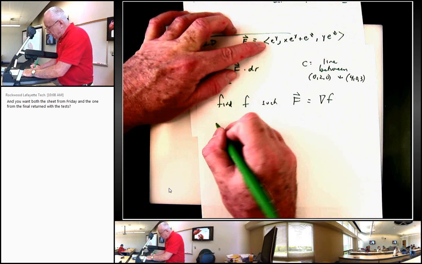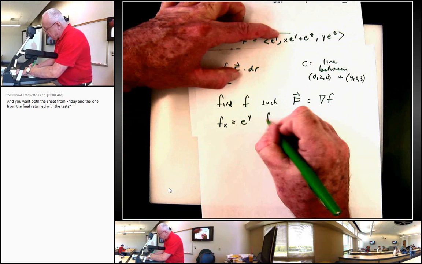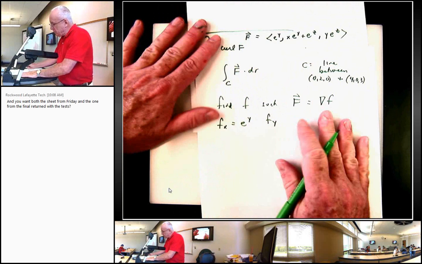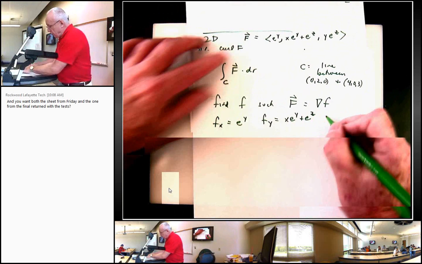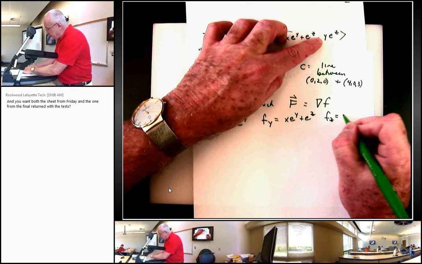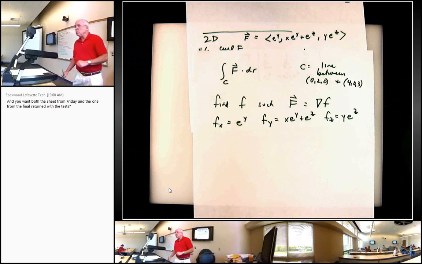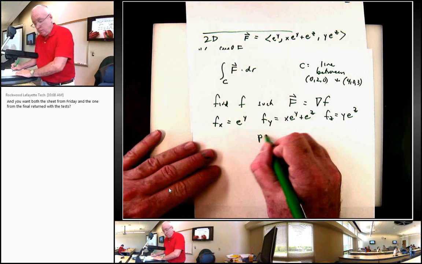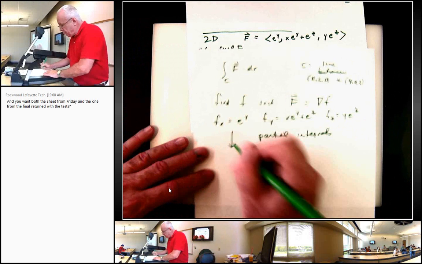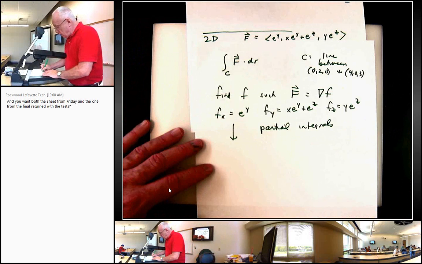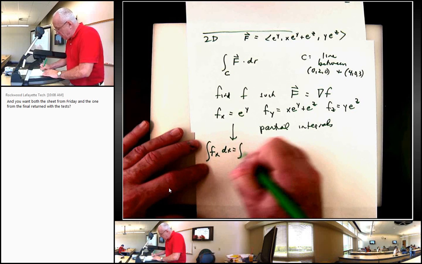The first one is little f with respect to x, and that equals e to the y. The second component is little f with respect to y, and that equals x e to the y plus e to the z. Our third one is little f with respect to z, and that equals y e to the z. And then you do those partial integrals. Okay, so the first one, basically, do the integral with respect to x of both sides.